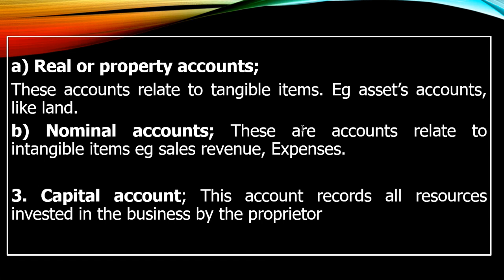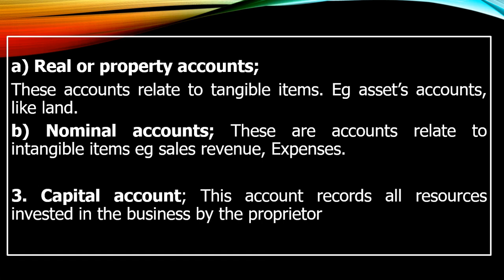You write the rent account and you debit it when it's credited with either bank or card, depending on the method that you have used to pay. So those are nominal accounts. Then we have the third category. We have capital accounts, and this one records all capital resources invested by the proprietors or the shareholders of the company or the capital contributors.